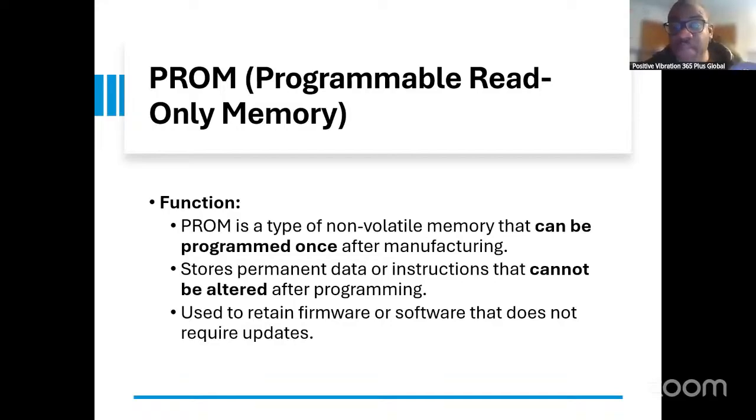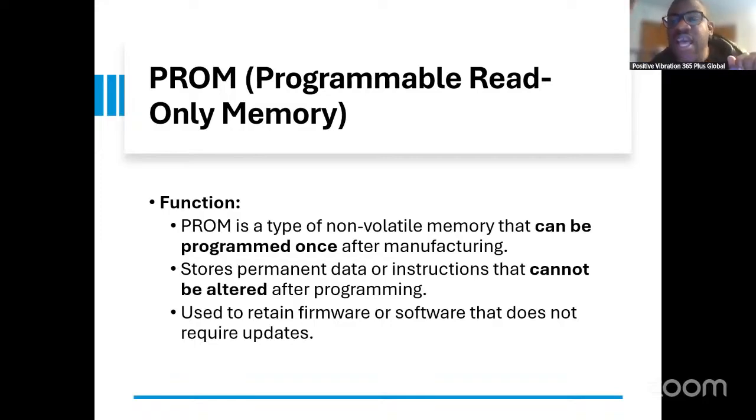So remember that PROM is a type of ROM. Let's look at what the difference was. Remember that with ROM, you could not write to it at all as the user. Only the manufacturer could write. That's why it was read-only memory. But with PROM, it can be programmed once, which means if you get it from the manufacturer, it can be programmed once after it is manufactured.